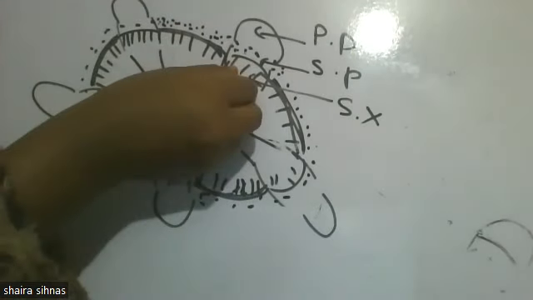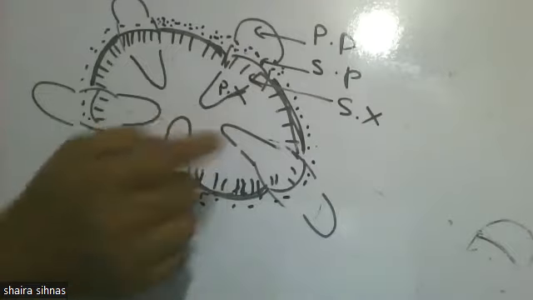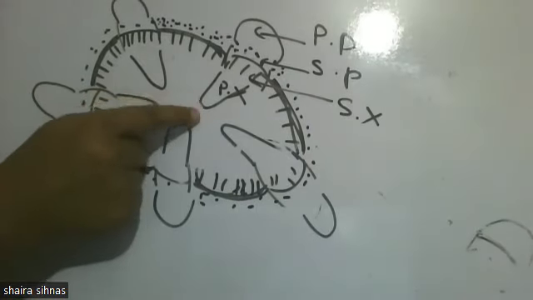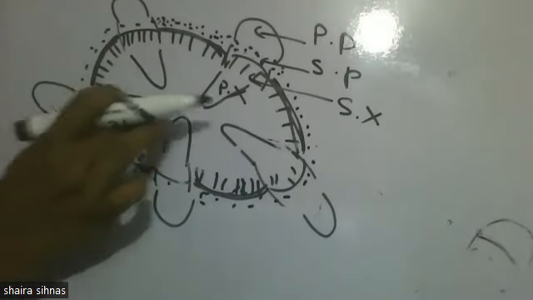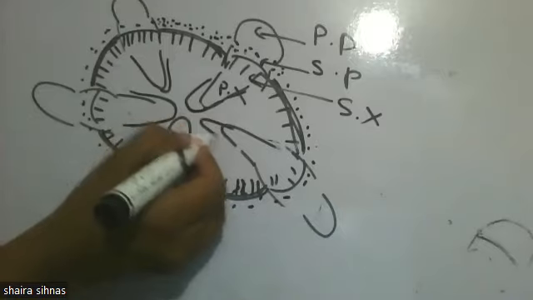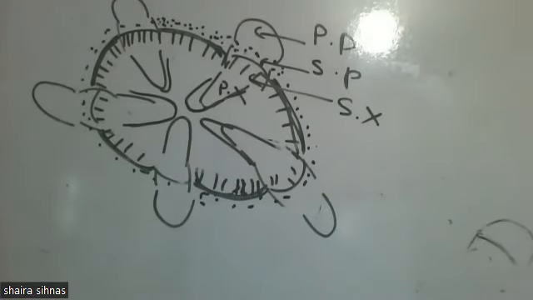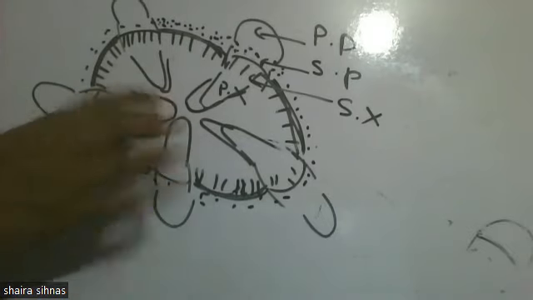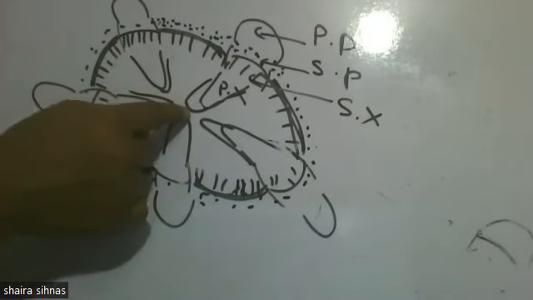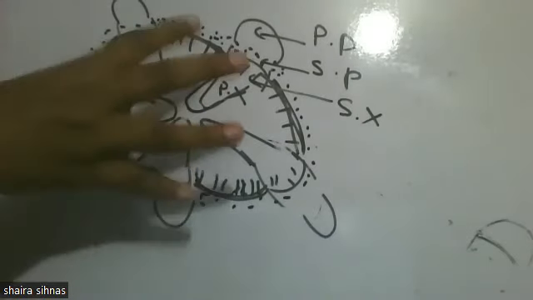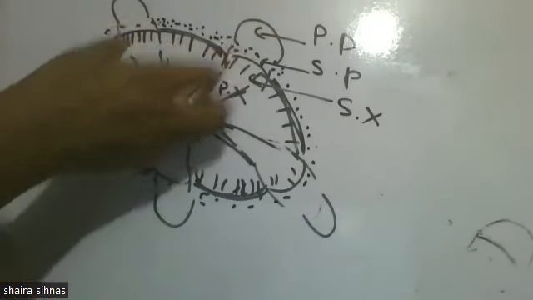So what has happened? The primary xylem are pushed towards the inside. Here the parenchyma, this place we call the pith. Okay, it should be like this. The primary xylem has fully come in. Right. So now the pith will disappear. There will be no pith during the secondary growth because primary xylem is pushed towards inside and phloem outward.